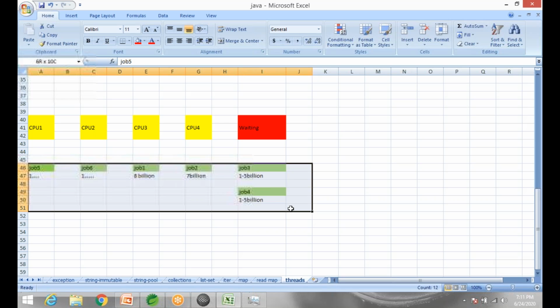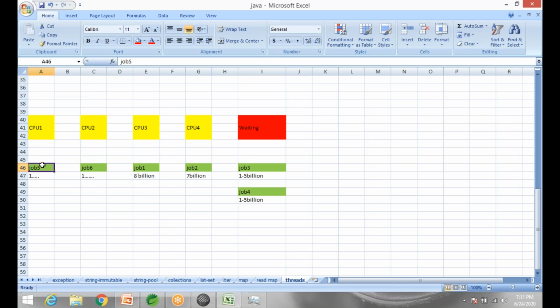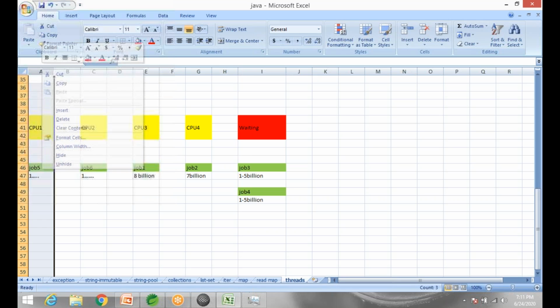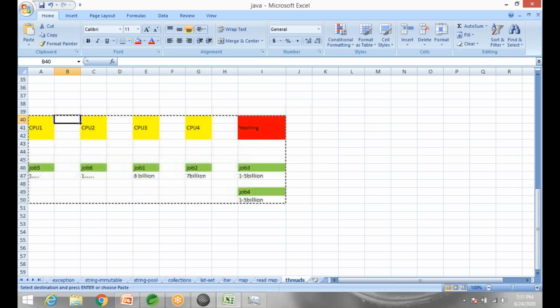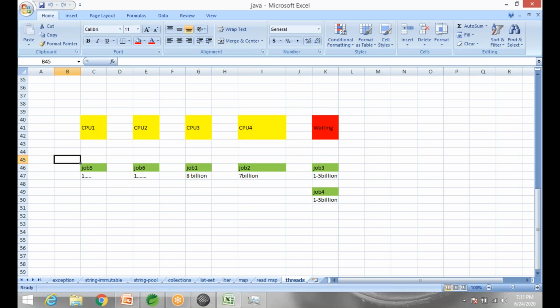Now if there are more jobs, the CPU has to switch between the live jobs. So these are live jobs and these are waiting jobs. Every CPU has to give a certain amount of time.